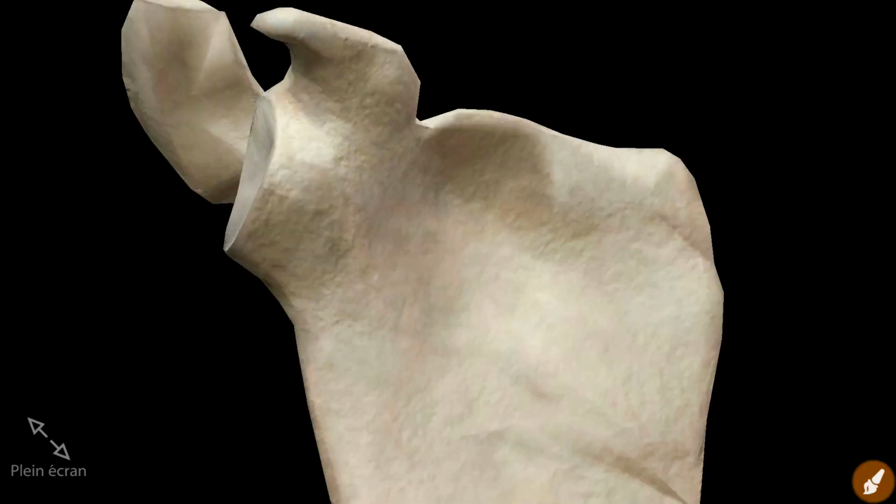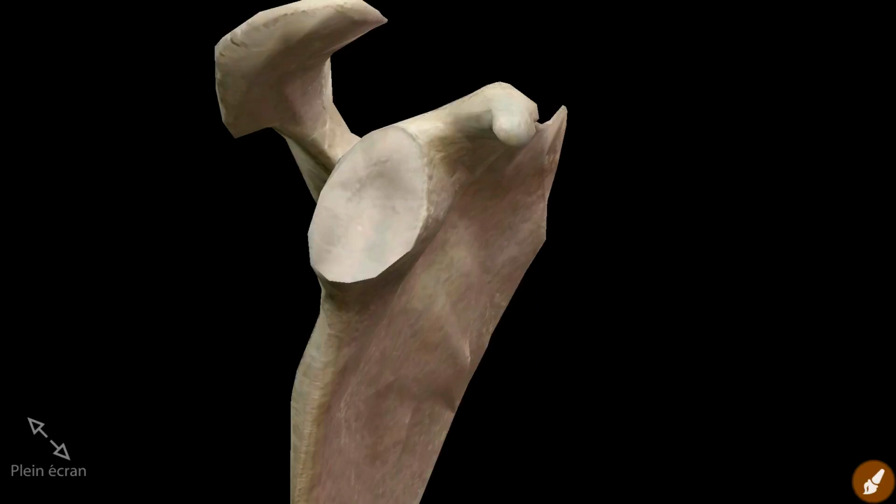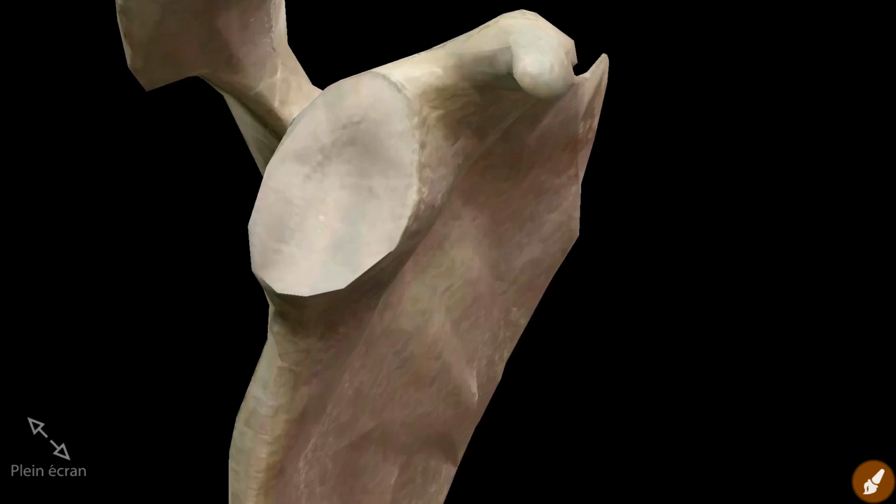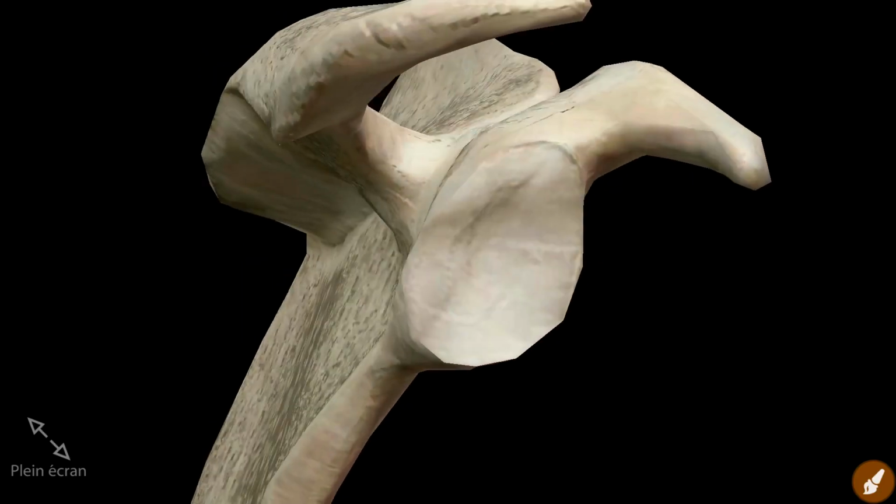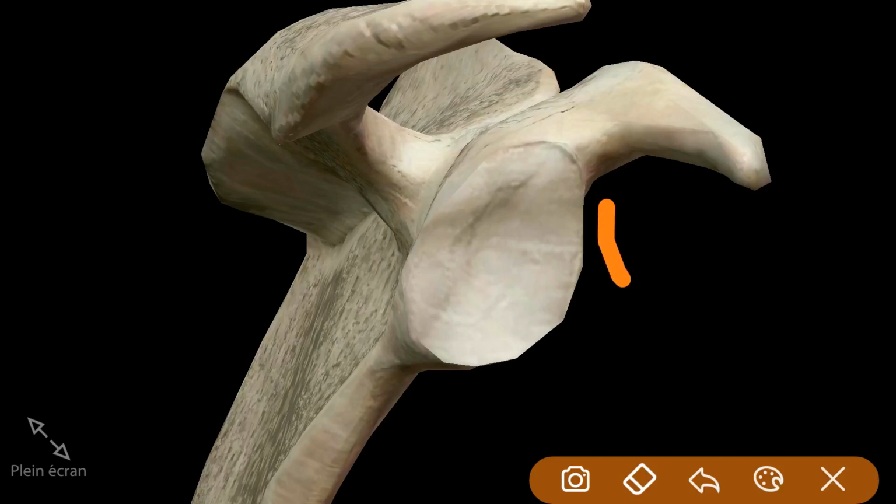In the lateral angle of the scapula, we find the glenoid fossa. It's a cavity that articulates with the humerus. In its center, we find the glenoidal tubercle, and you might notice that here it is, the anterior border of the glenoid fossa is somehow deformed, forming what we call the glenoidal notch.